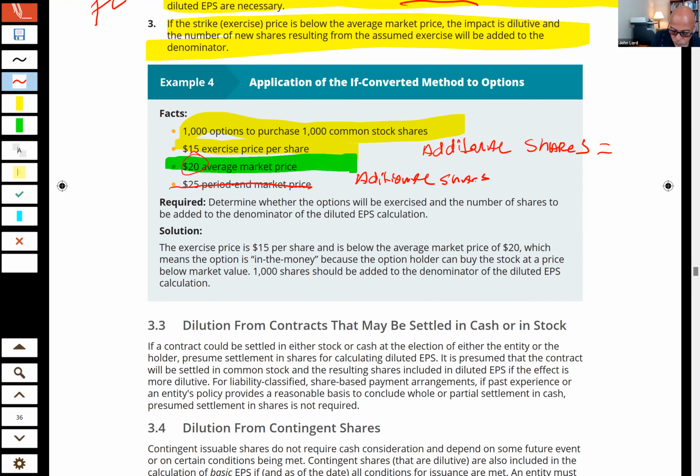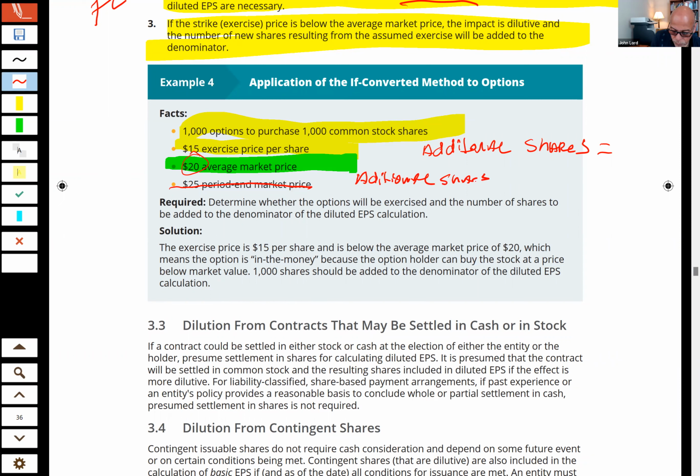And then we're going to take that $15,000 and buy the stock using the average market price of $20, meaning that we could repurchase, if you do the math on that, another 750 shares.